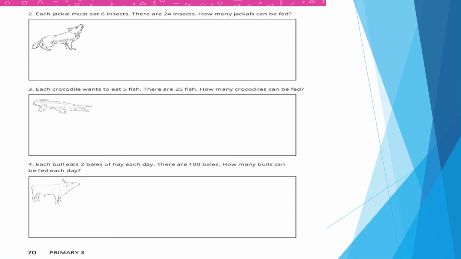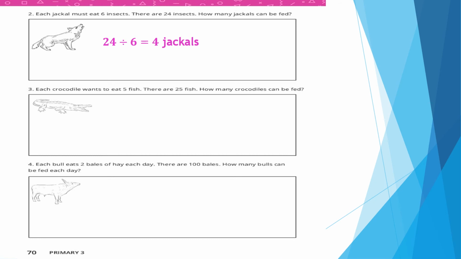The total number is 24 insects, and each jackal must eat 6 insects. So we will divide 24 by 6. 24 divided by 6 equals 4 jackals. How did you get 4? Again, because 6 times 4 equals 24.